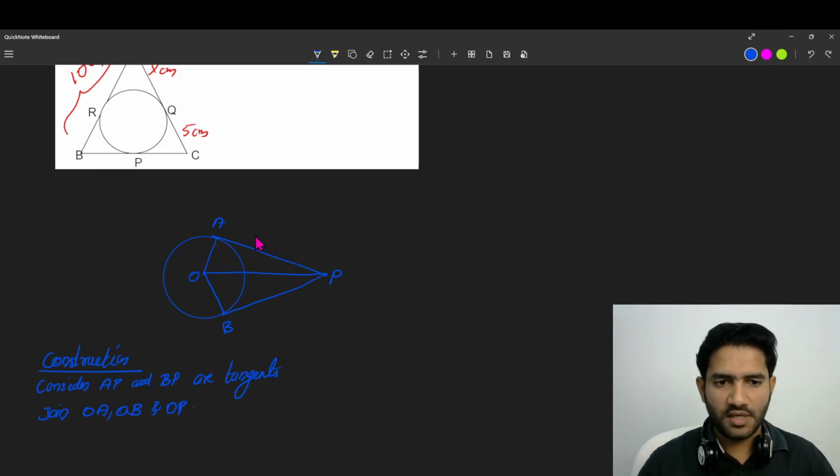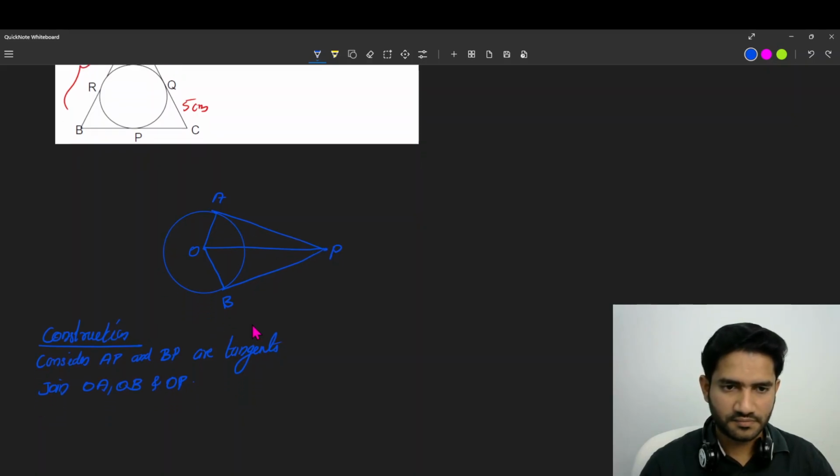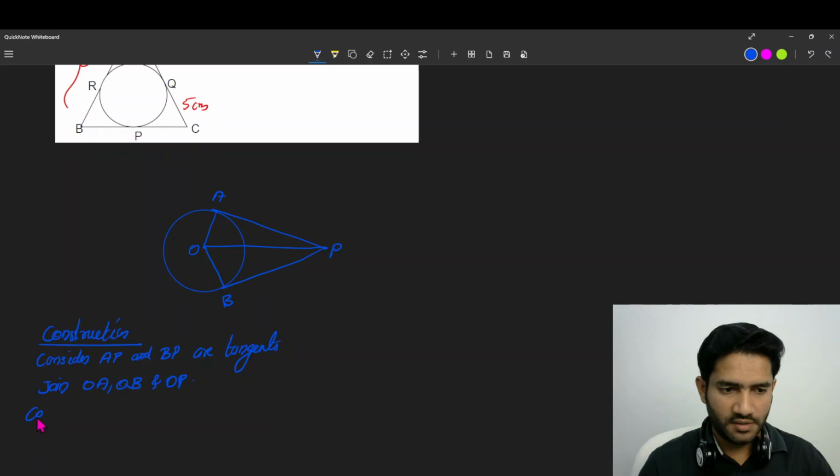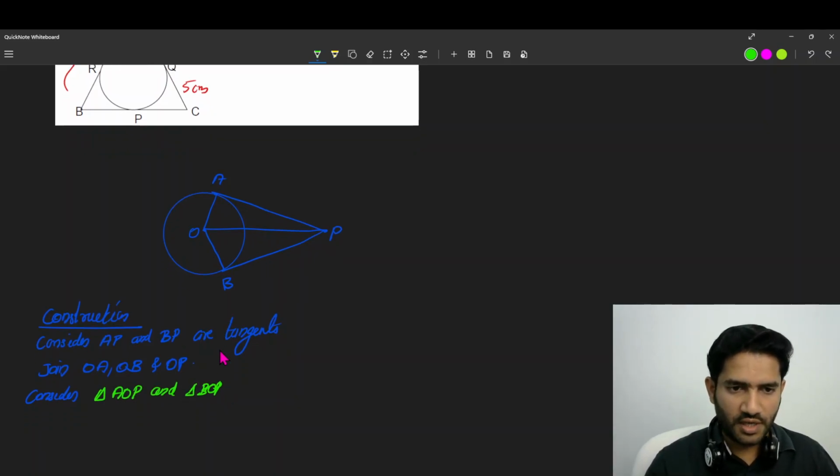Now this is the construction. Now consider these two triangles. We want to show that these two triangles are congruent. Consider triangle AOP and triangle BOP.